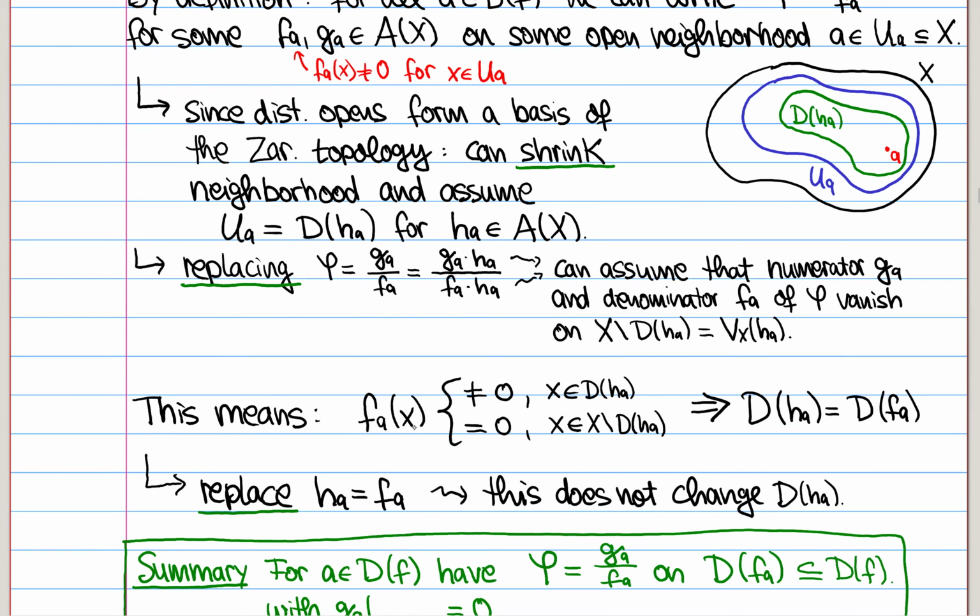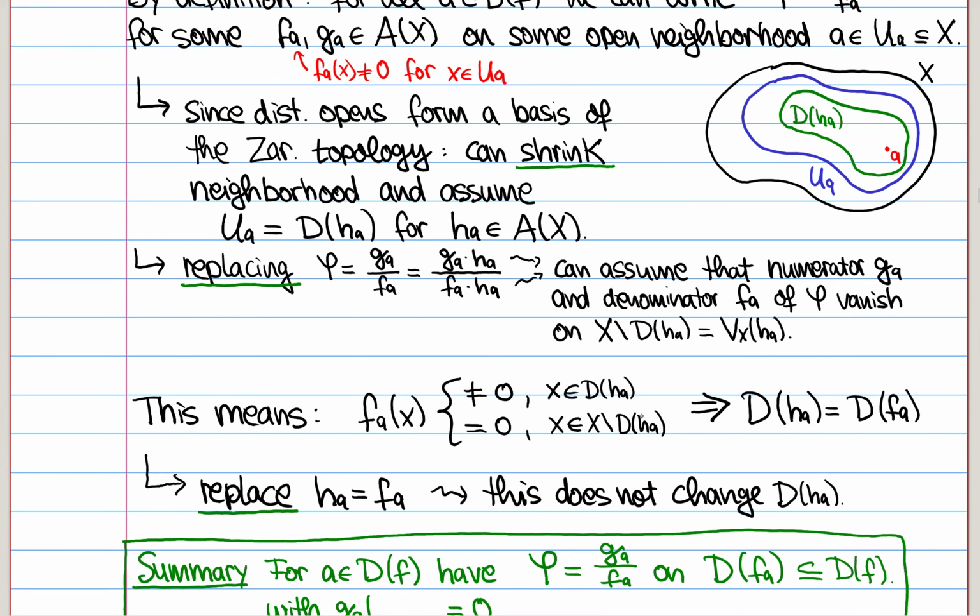So here, if X is in DHA, FA doesn't vanish. On the other hand, by this manipulation here, when X is in the complement of DHA, then by definition, or by the assumption which we added here, it does vanish.